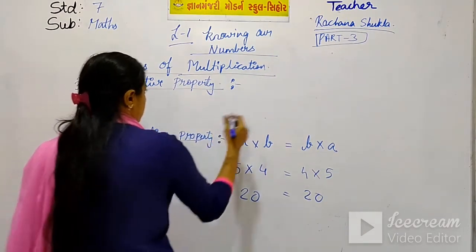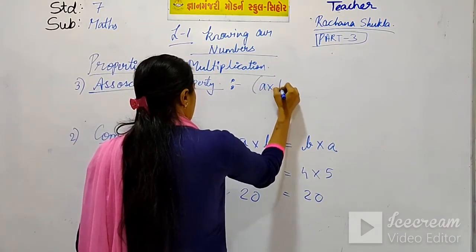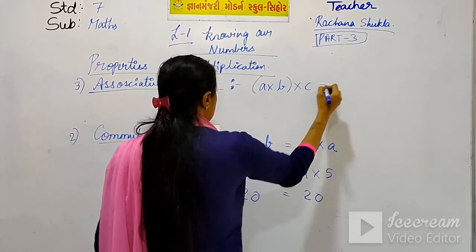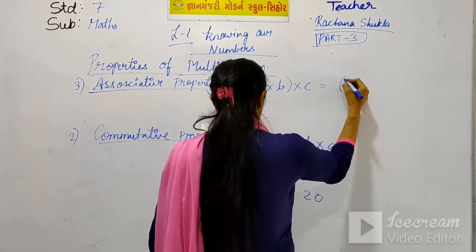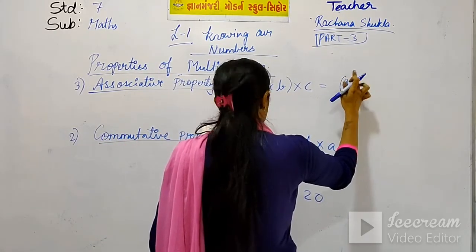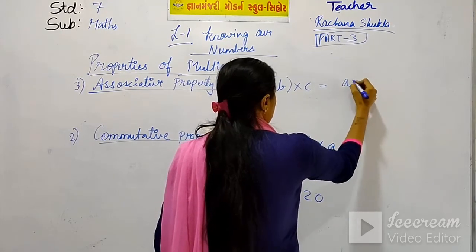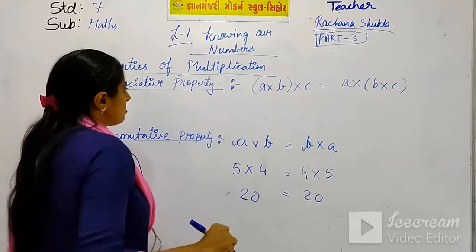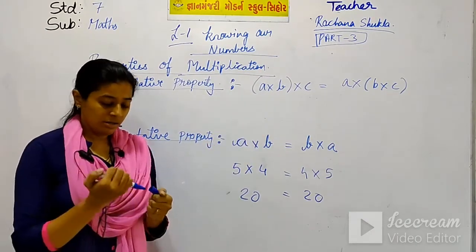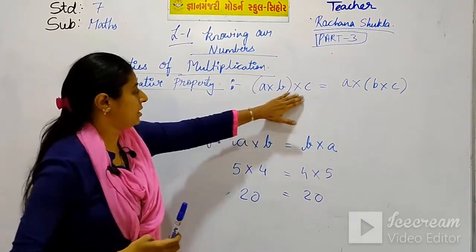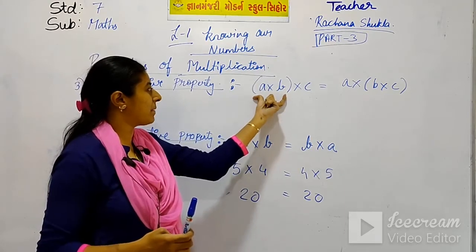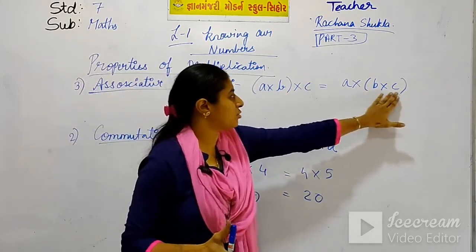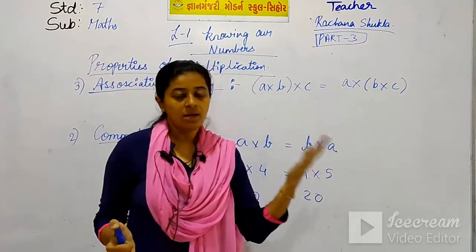In associative property, A into B into C is equal to A into B into C. Now see here. Here A into (B into C), but here (A into B) is in the bracket, and here B into C is in the bracket, A is outside.